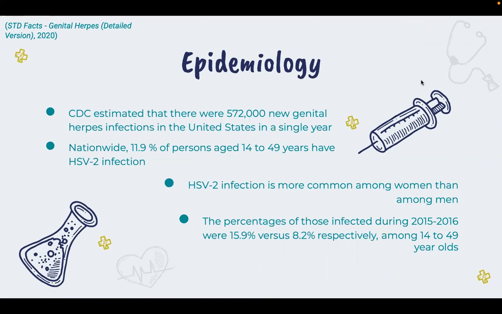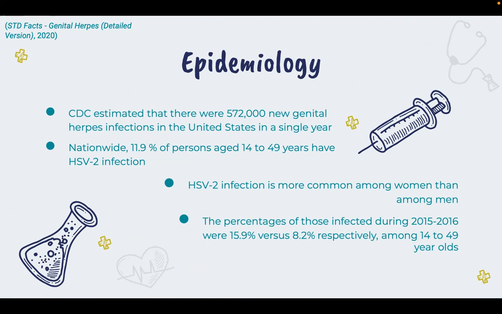The CDC estimated that there were 572,000 new genital herpes infections in the United States in a single year. Nationwide, 11.9% of people aged 14 to 49 years have HSV2 infection. HSV2 infection is more common among women than among men.